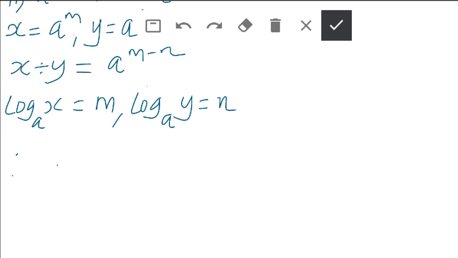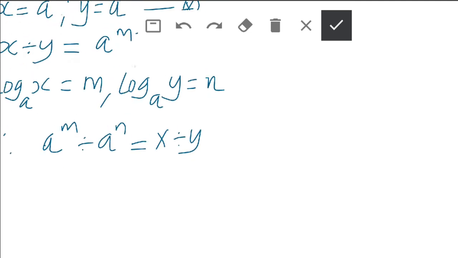Therefore, that being the case, a to power m divided by a to power n must be equal to x divided by y. Instead of writing the division, let's put them over. So a to power m over a to power n equals x over y, like that.